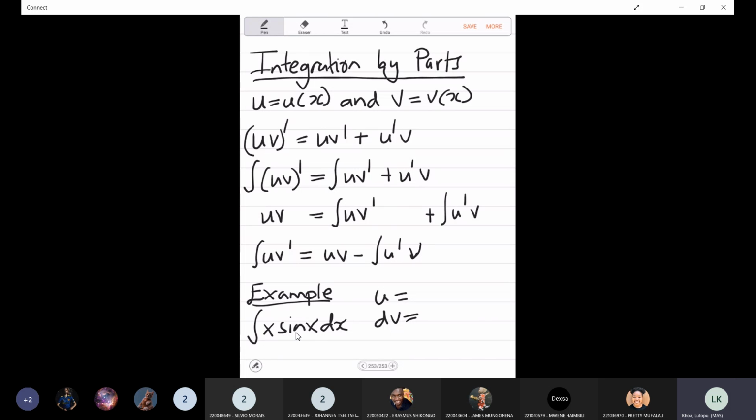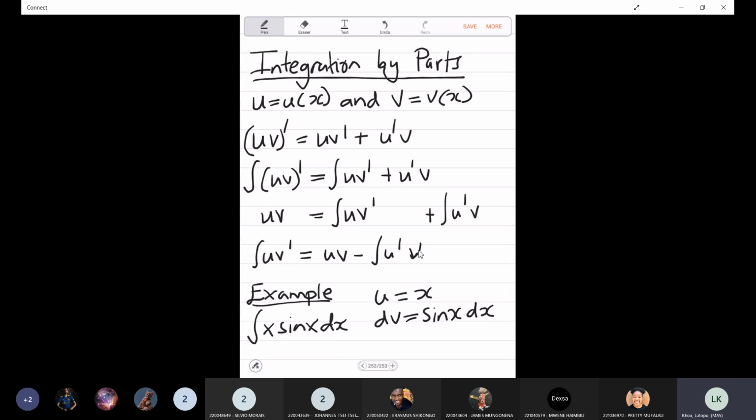Here, both of them are pretty easy to integrate, but like I say, the more examples you do, you will know that here I mustn't pick this one, even though I can easily integrate both of them; it's best if I pick this one. So here our u is going to be x, and then my dv is sine x dx.